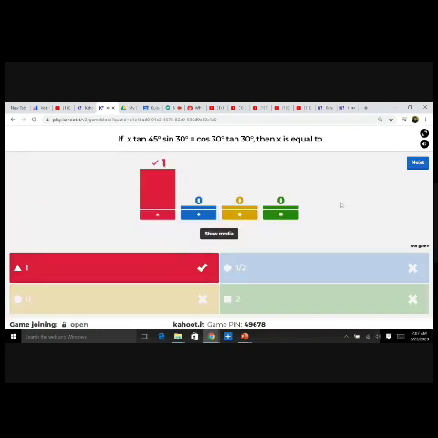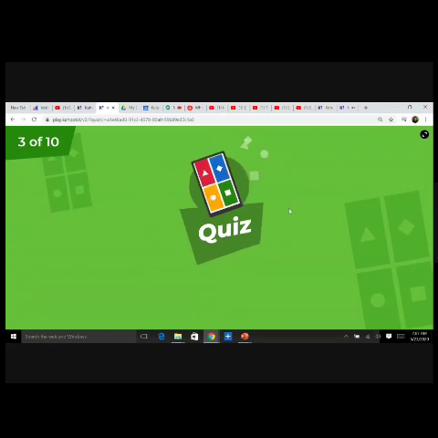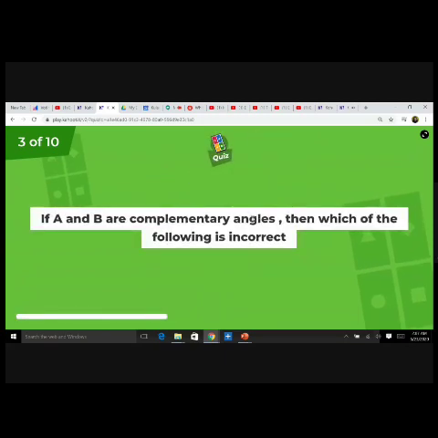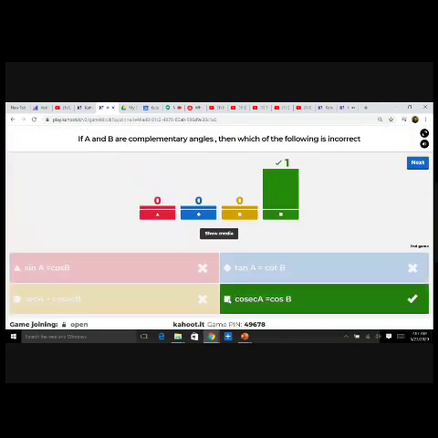Okay, again I go on to the next one. So Shreya is doing well. A and B are complementary angles. Which of the following is incorrect? I have to find out the incorrect one. So I go on to the next one.